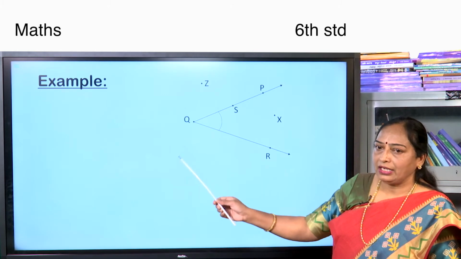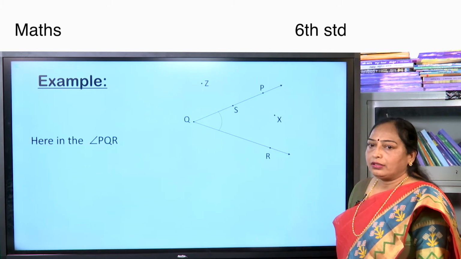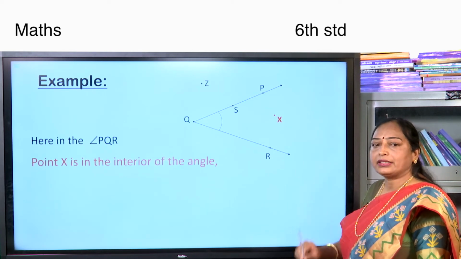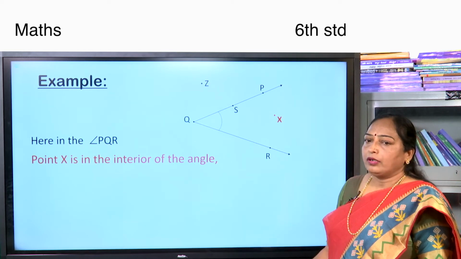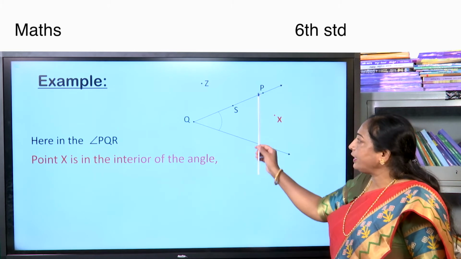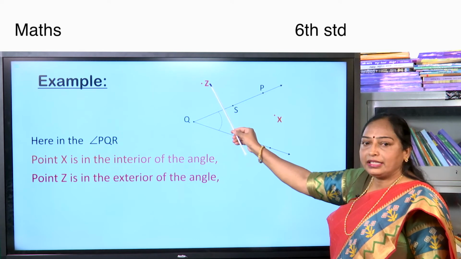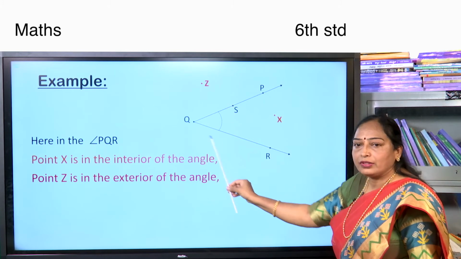Let's take an example. Look at this angle PQR. Here in the angle PQR, which point is situated in the interior of the angle? Point X. Point X is in the interior of the angle. Which points are situated in the exterior of the angle? Yes, that is point Z. Z is in the exterior of the angle.